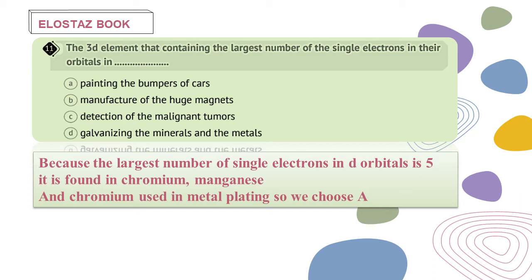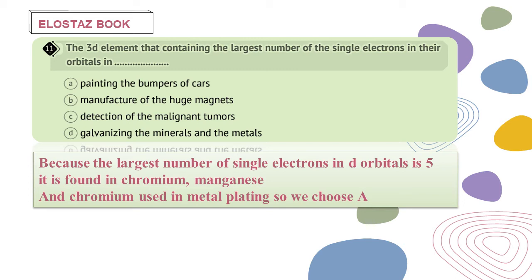So we have 5 electrons that belong only to chromium and manganese, but we depend on the use: chromium is used in metal plating, making a covering layer.